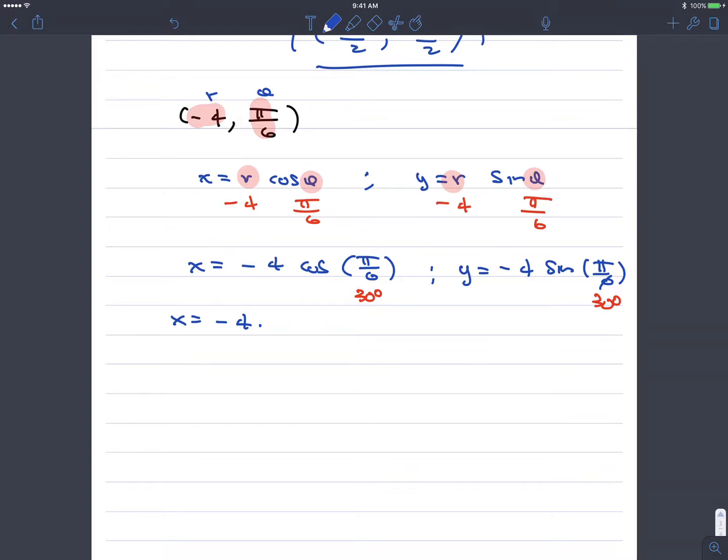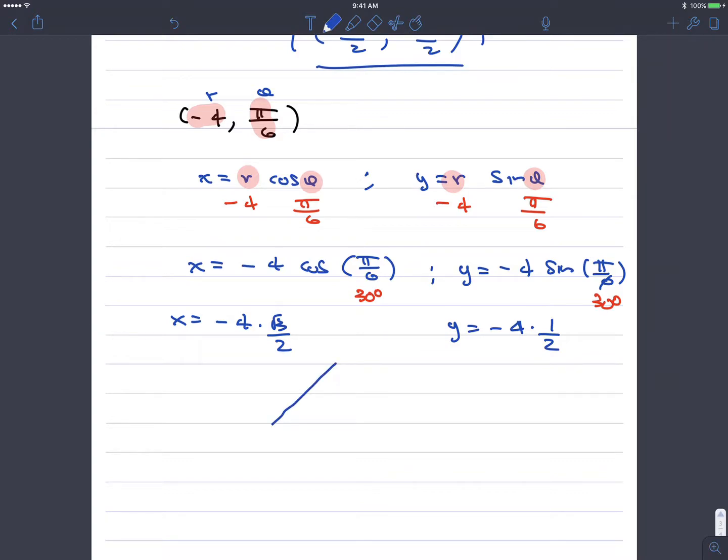You guys have to be confident. You have to know that. And what's sine 30 degrees? Okay, good. You guys don't sound so confident. Let me double check.